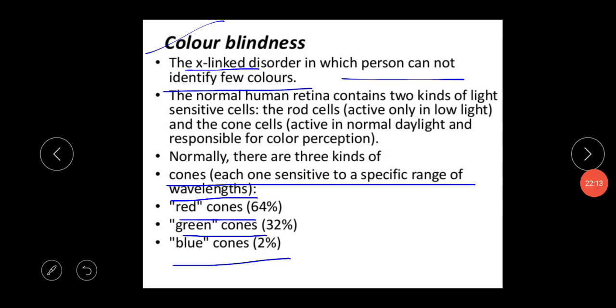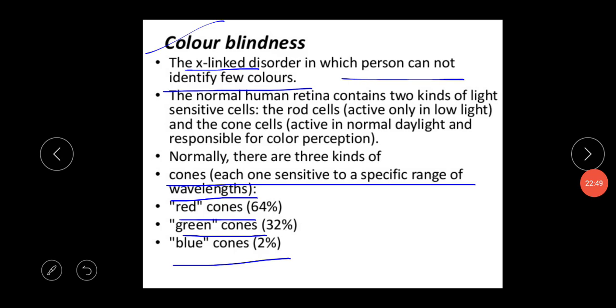It results in a defect of either the red or green cone of the eye, so color blind patients cannot discriminate between red and green color. The gene is present on the X chromosome, and it is present mostly in males because of only one X chromosome as compared to two in females.